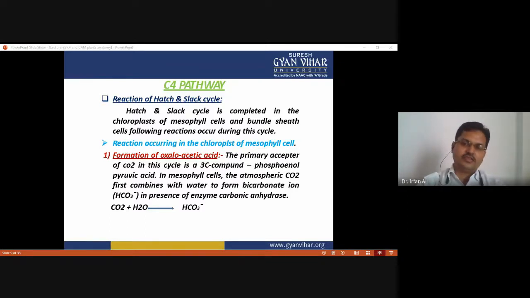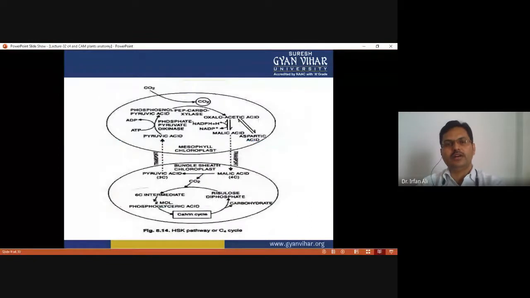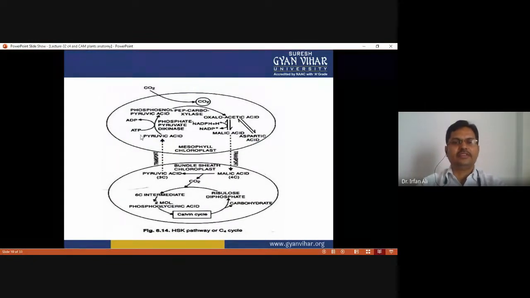So this is the first reaction in the mesophyll cells, where carbon dioxide dissolved in water is converted into bicarbonate.